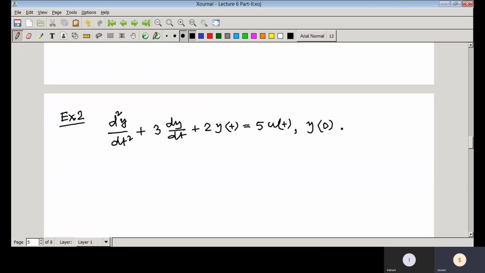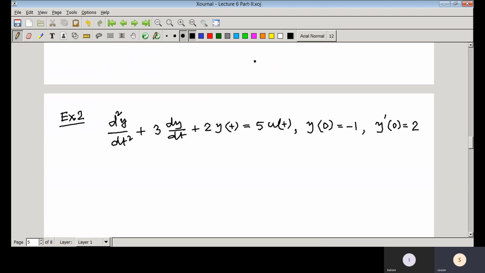So for the initial condition we take y(0) = -1, and you also need the information about the first derivative to complete the description of the second order differential equation.